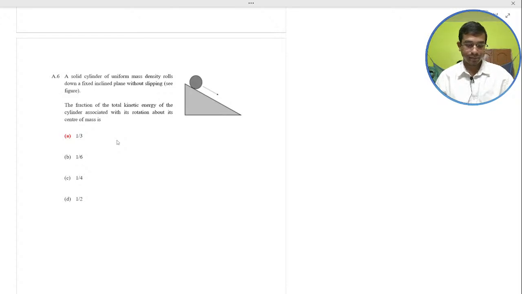So here, the total kinetic energy is equal to translational kinetic energy plus rotational kinetic energy. That is, K is nothing but half mv square plus rotational half I omega square.